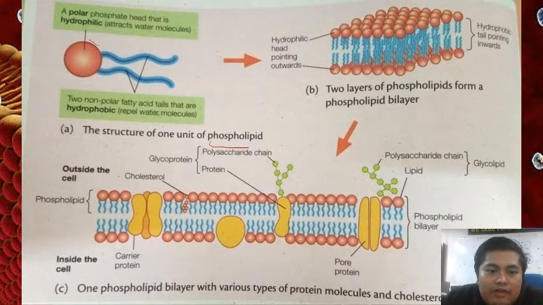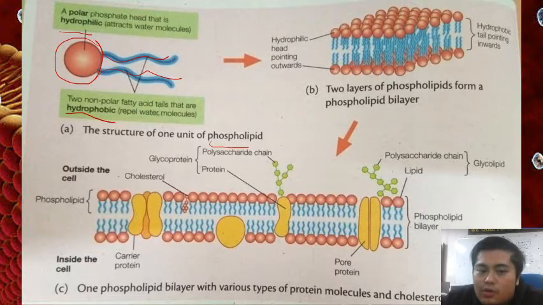So they have the polar phosphate head, which are hydrophilic to the water, maksudnya dia suka air, dia attracted to water molecules, and dia ada two non-polar fatty acid tails, which are hydrophobic to the water, ataupun dia tolak, dia repel air. So daripada dua benda ni tadi, dia akan terbentuk atas dan bawah macam ni.